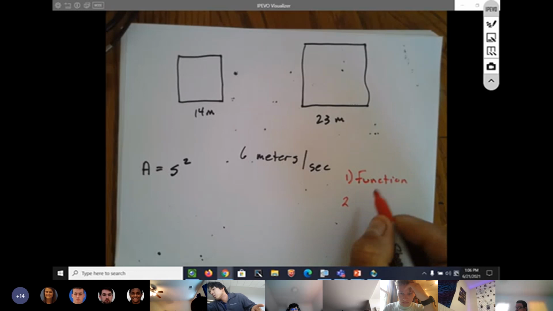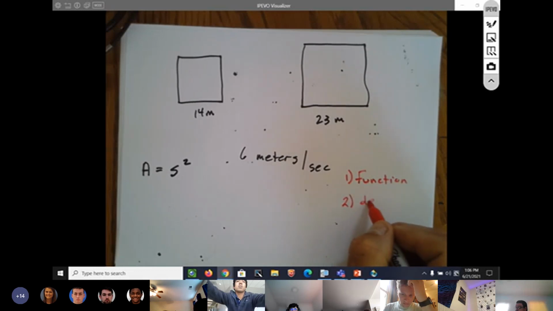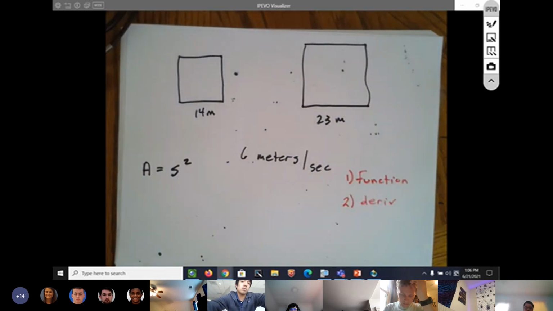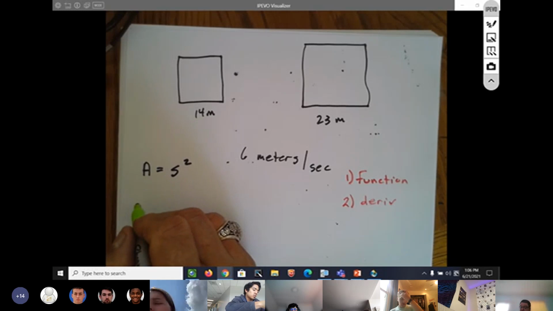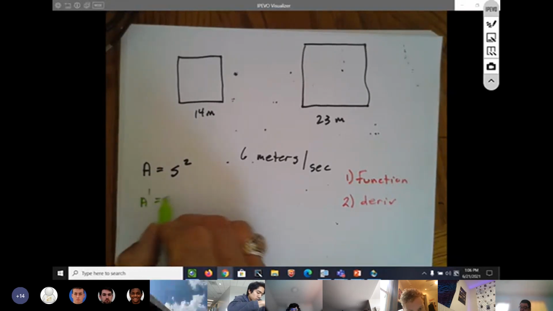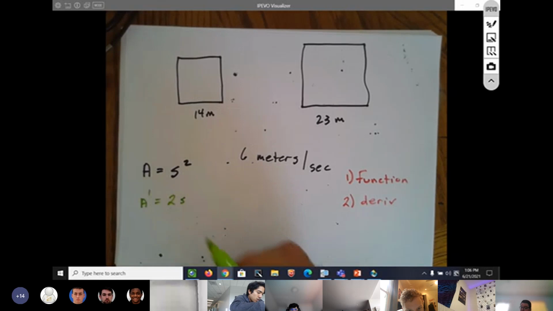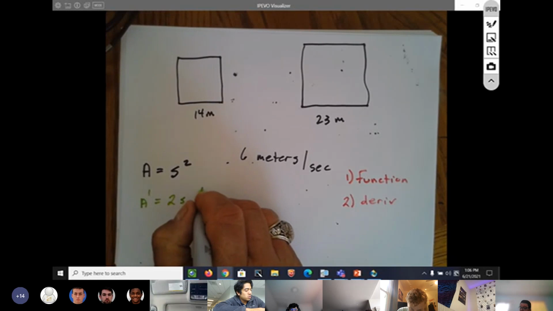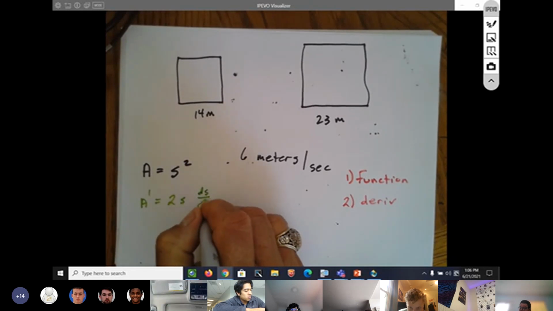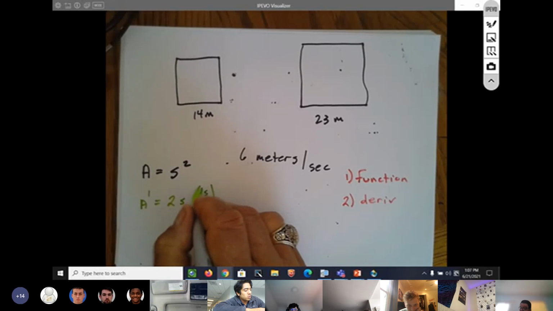Number two, take the derivative. So dA/dt, or whatever you want to call it, A prime, is equal to 2s. Now, it's not only 2s, but 2s ds/dt, because your ds/dt is right here.